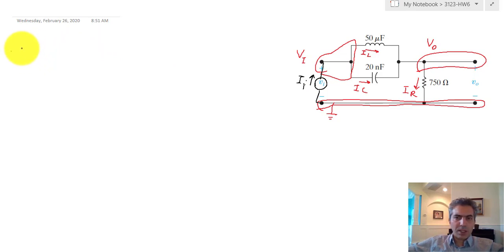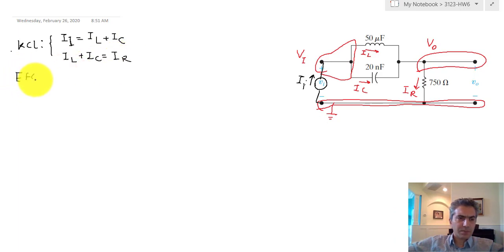Okay, so that said, I'm going to write both KCL equations, but we don't really need to. II is equal to IL plus IC, and then IL plus IC is equal to IR. Now we start writing equations for components. There are three components.